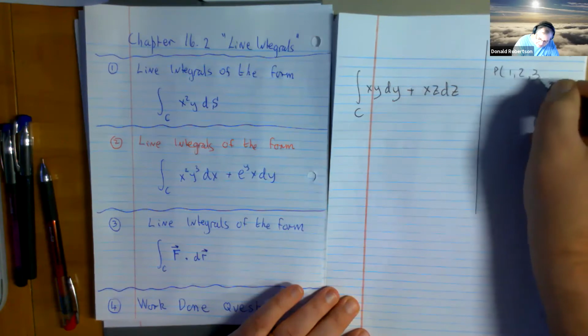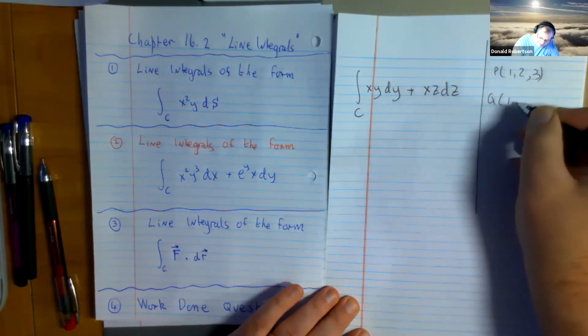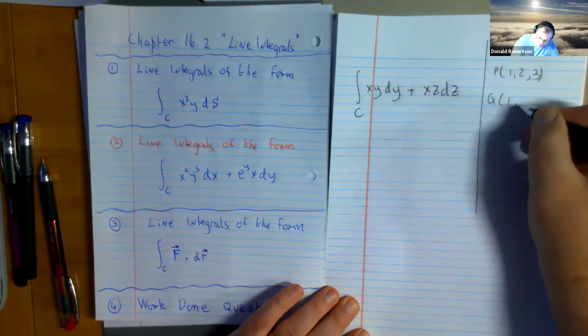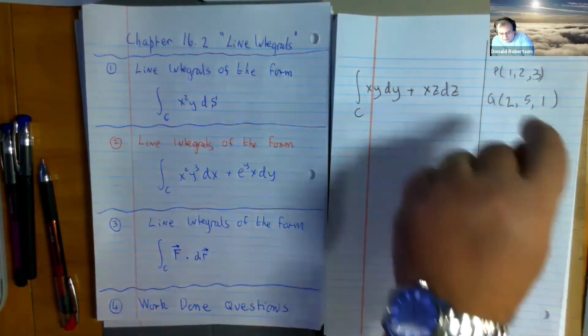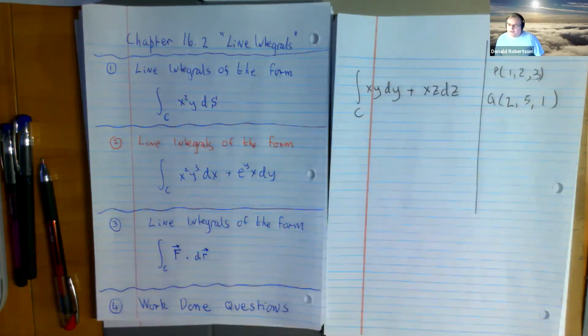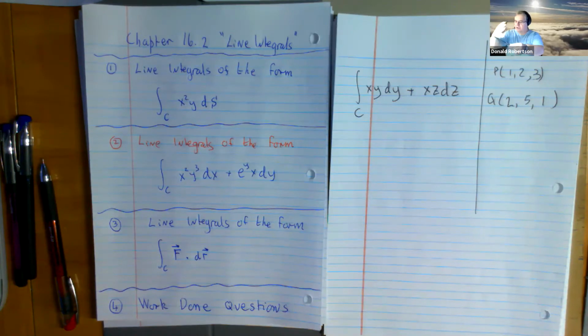And the curve C is joining P to Q. So you can imagine in 3D space, it would be starting here and going here. But you can't visualize them anymore. Don't even try. Your brain will hurt. So we just have to trust the math.